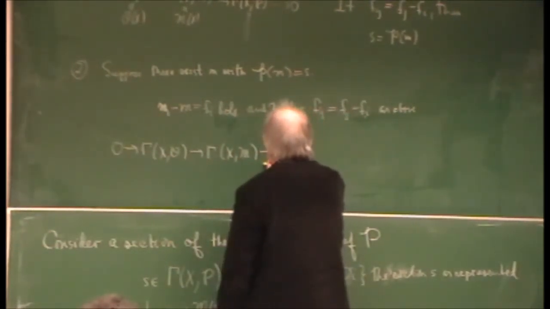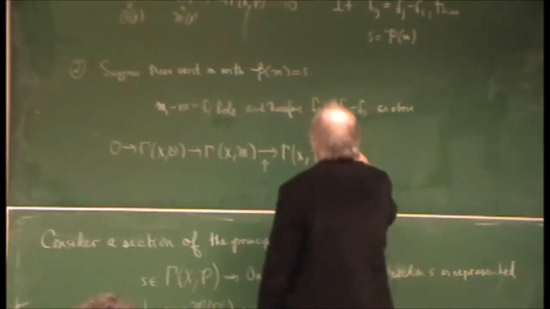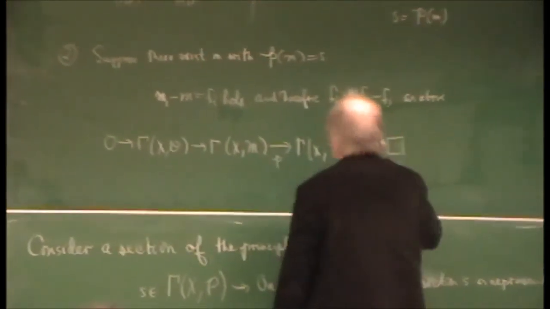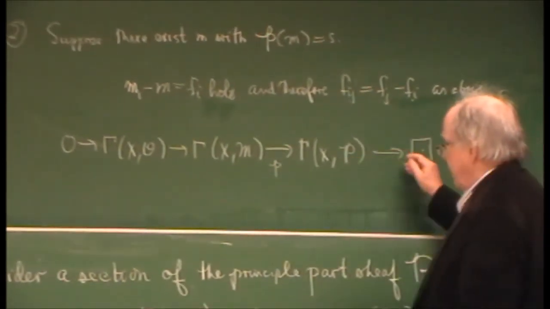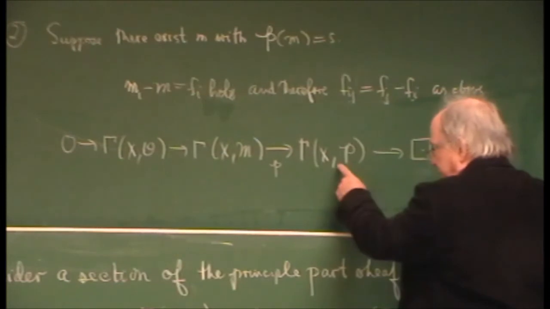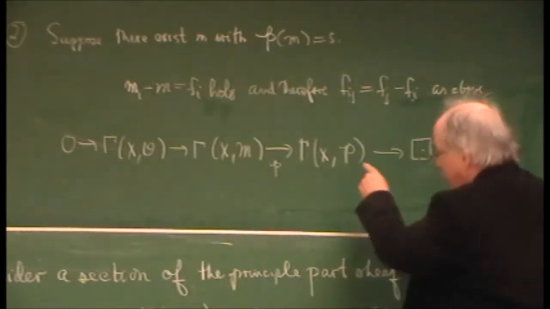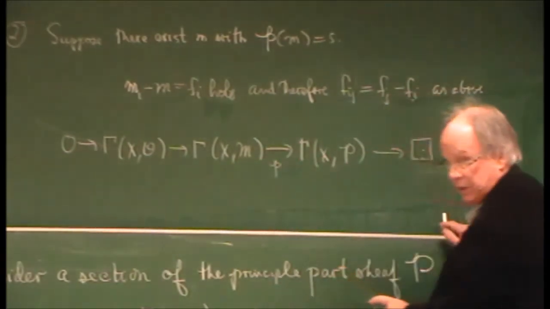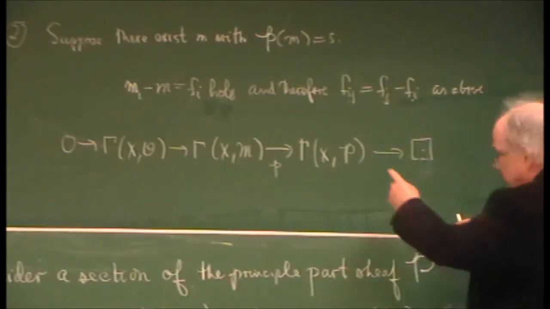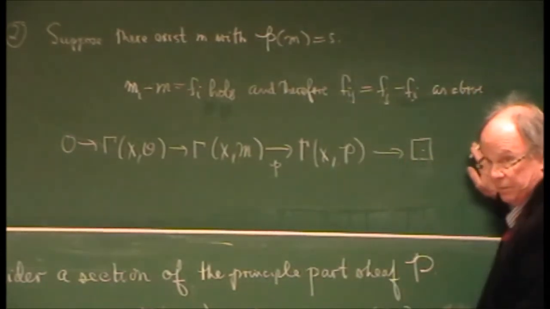This is the map I just talked about, principal part. And you're interested in the kernel of this mapping being the image of this mapping. So the kernel of this mapping should tell us what principal parts are globally defined. So this mapping somehow or another goes to some problem like this.